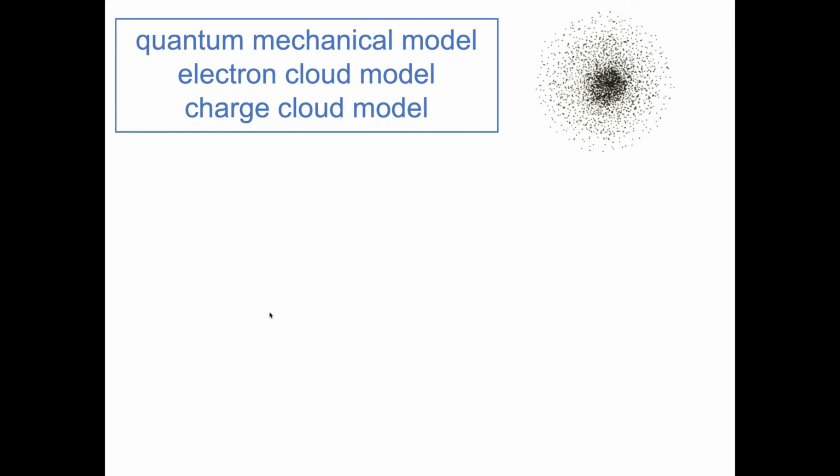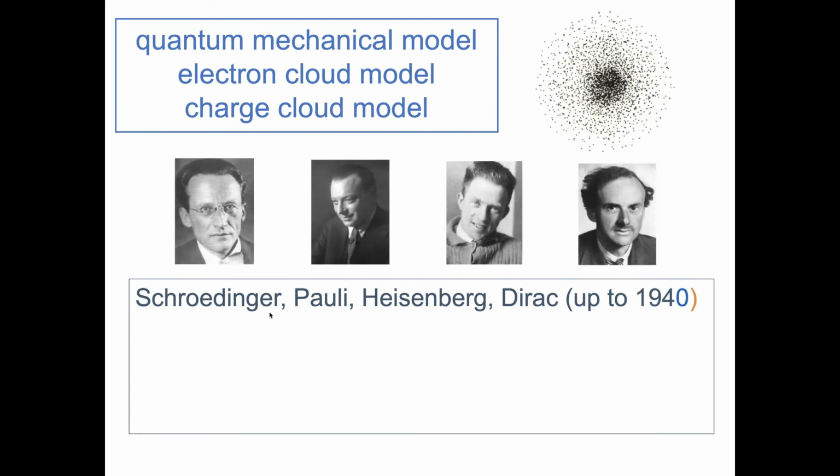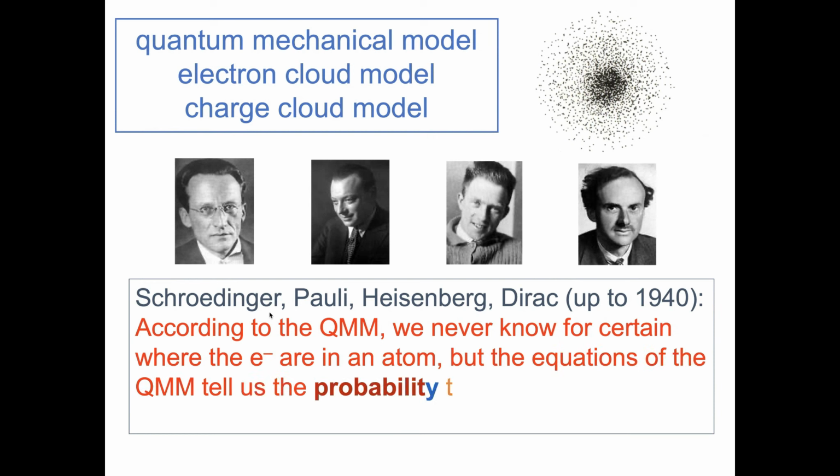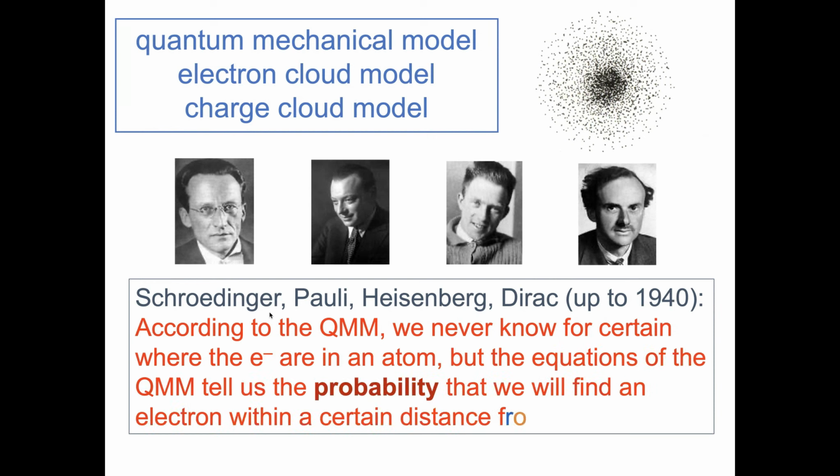So let's wrap up the quantum model, because this is really the current understanding, current model. You'll see it called a bunch of different things. I'm just going to try to simplify it and call it quantum model. A number of different scientists were involved in this. But ultimately, with this quantum model, the take-home point is that we never know for certain where an electron is.